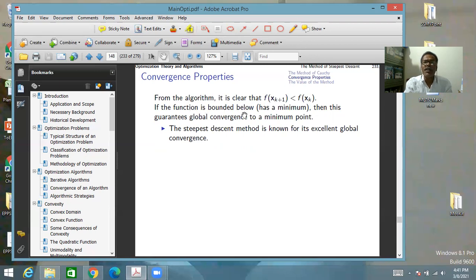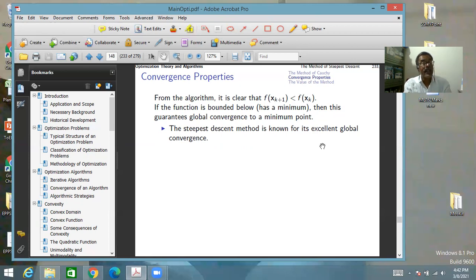So if the function is bounded below, has a minimum, then through such steps, it will always approach a minimum point and therefore global convergence is guaranteed. In how many iterations it would do that, that is not known, and that is a matter of local convergence. So far as global convergence is concerned, it has excellent global convergence.